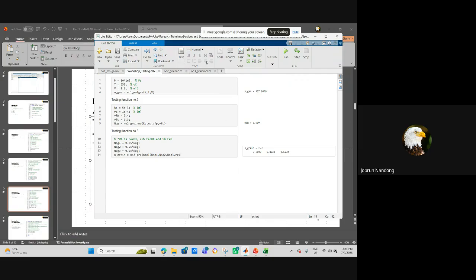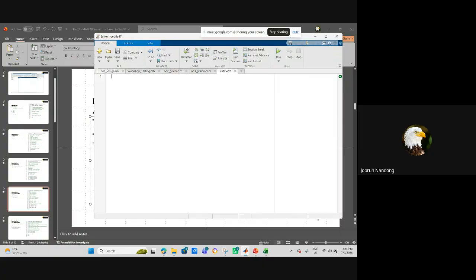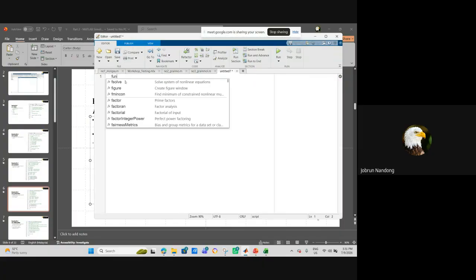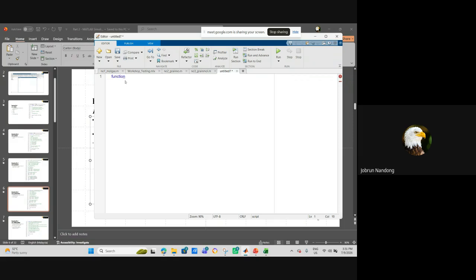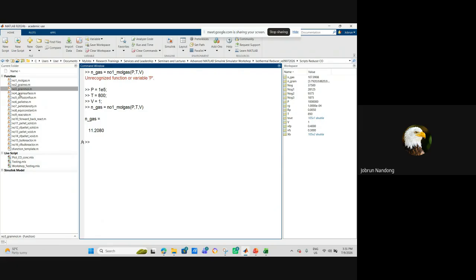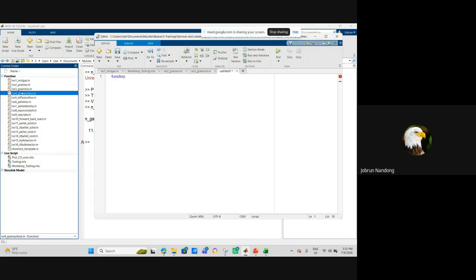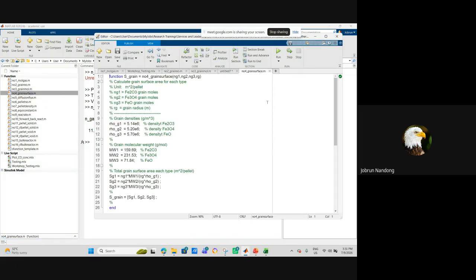If it doesn't give you that, we can go to New, click this one, Script. Then after that, you can type the function, and then you save it. Make sure the name of the function is the same as the name of the file. I don't want to create that anymore, so I just show you what I already created there, number 4. This is to calculate the grain surface.